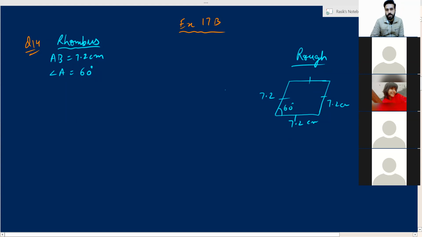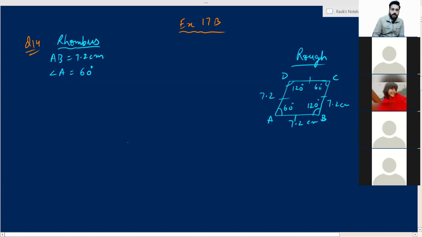Angle A is 60. Opposite angles in a rhombus are equal and consecutive angles are supplementary. So what is the measure of angle B? 60 plus B equals 180. Therefore, this will be 120. So that means we know everything.